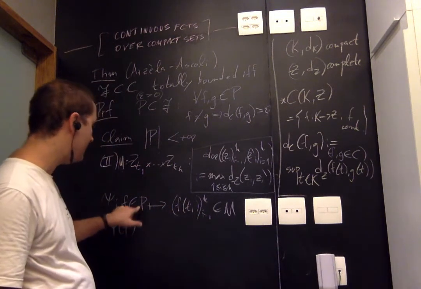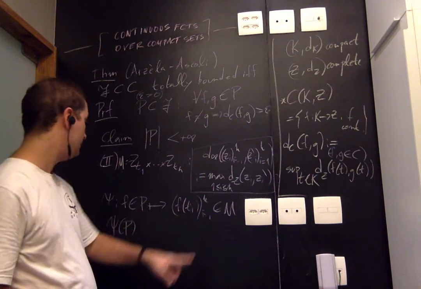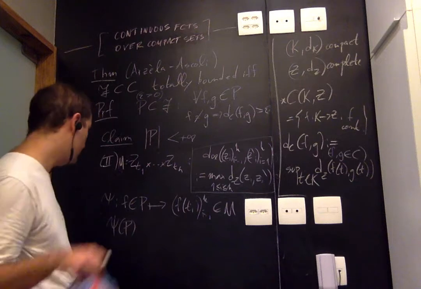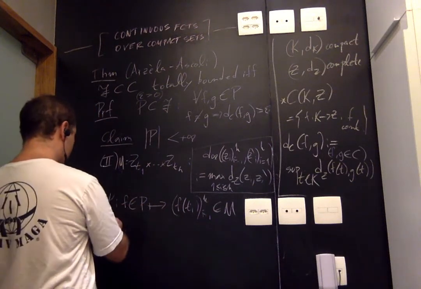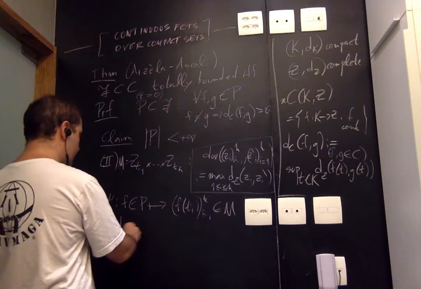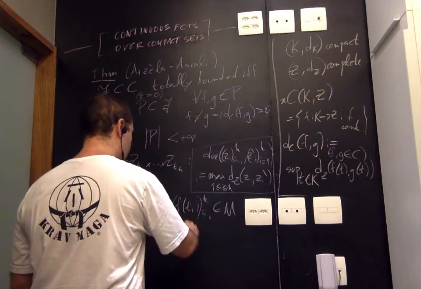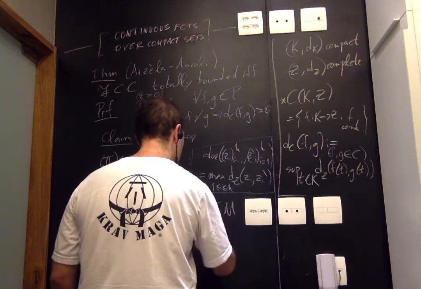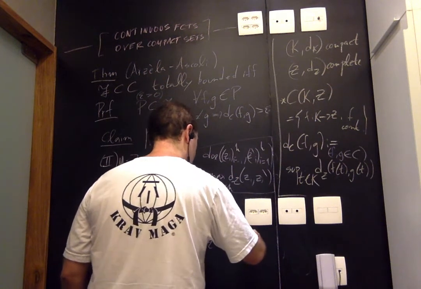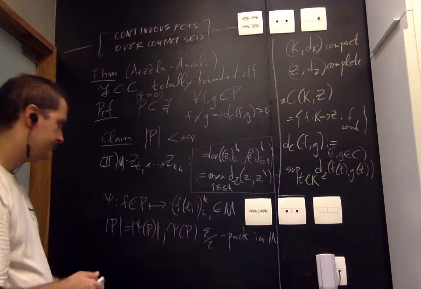So distinct guys in the packing have distance epsilon, therefore their images have distance at least epsilon over 2. So, because distinct guys are mapped to distinct guys, the cardinality of P, whether it's finite or infinite, doesn't matter, is the same as that of psi of P. And moreover, psi of P is an epsilon over 2 packing in M, according to this metric.